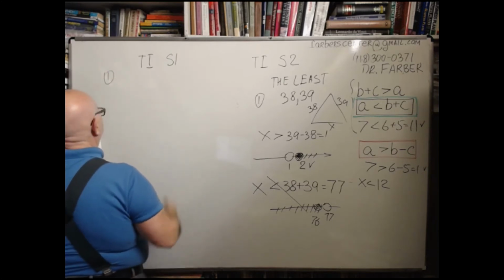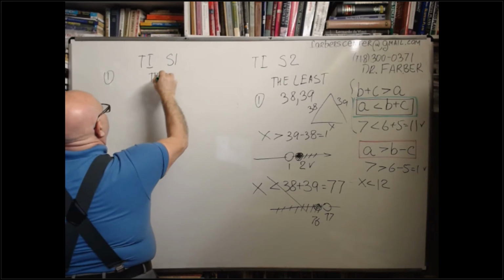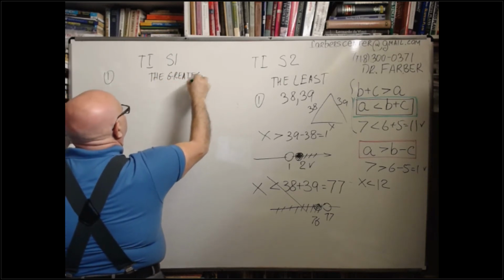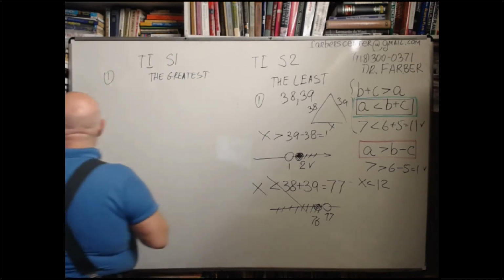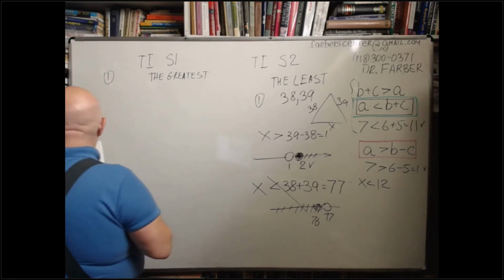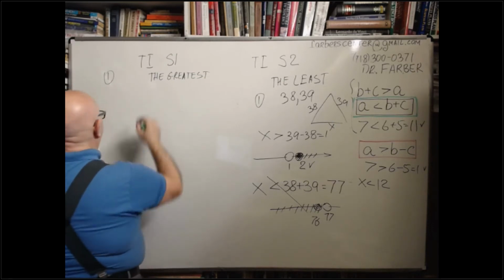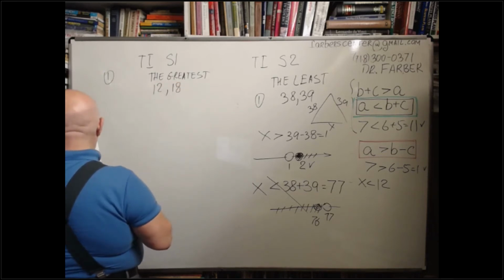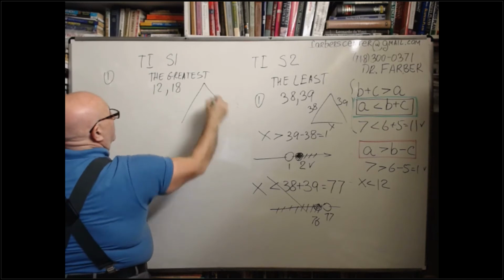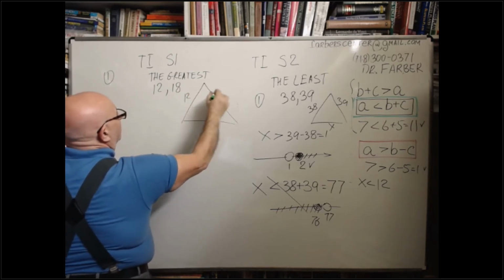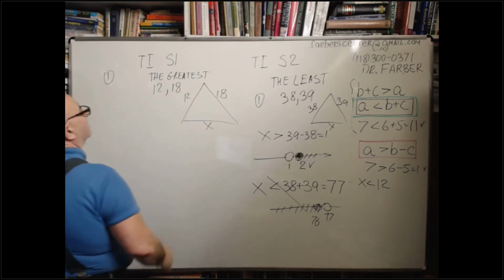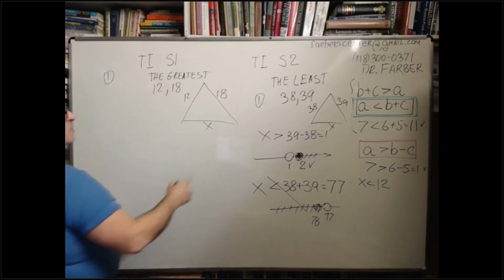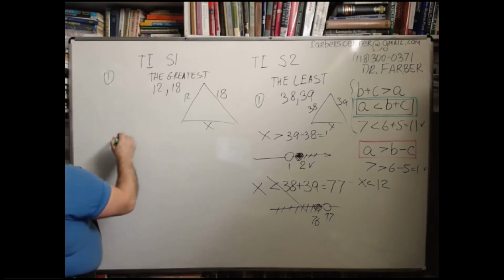What is your goal? The greatest. Always write the goal. And we have 12 and 18 feet respectively. So make this triangle just for explanation, 12, 18, x. Then they ask you the greatest, use this green inequality.